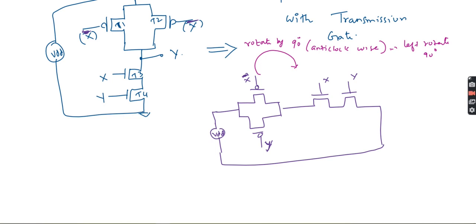So now you can see this. When you are going for realization, this will be your F and F bar, as we mentioned, right? Just we did like this.